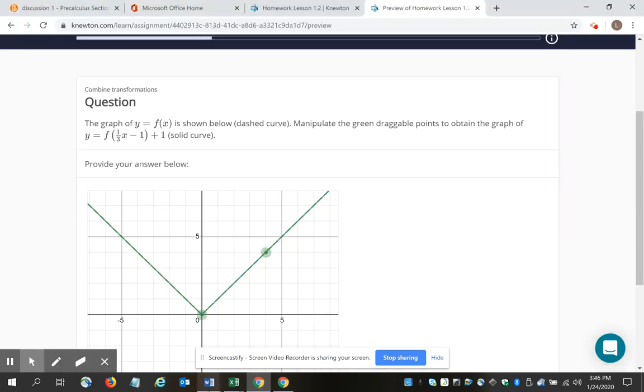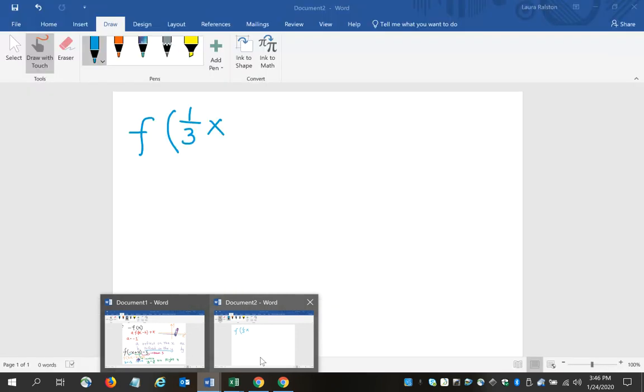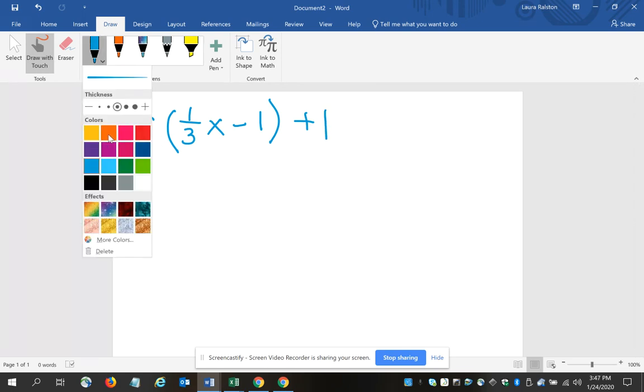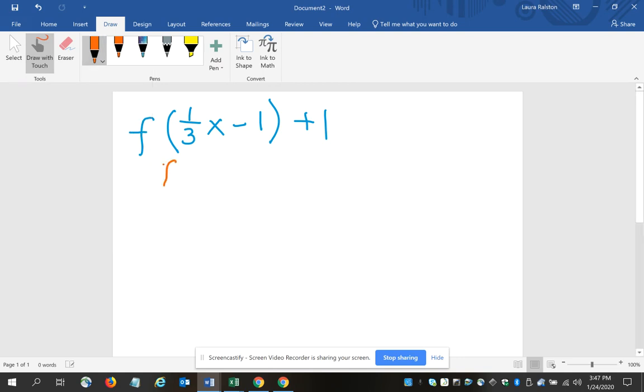Minus 1 inside. So we have minus 1 plus 1. So again, what you have in this particular expression is f of bx minus h plus k.